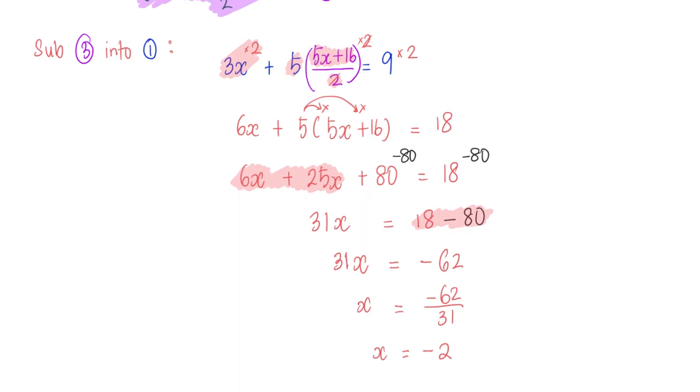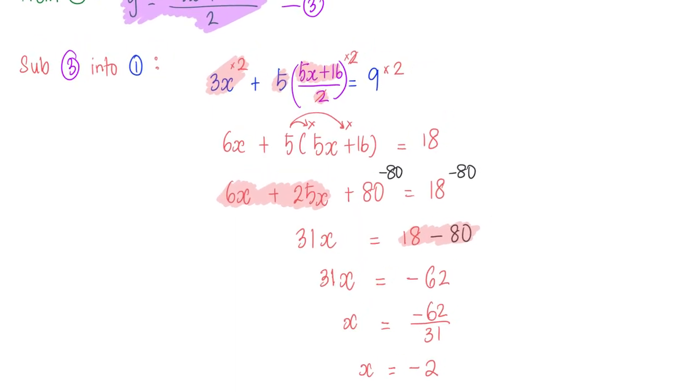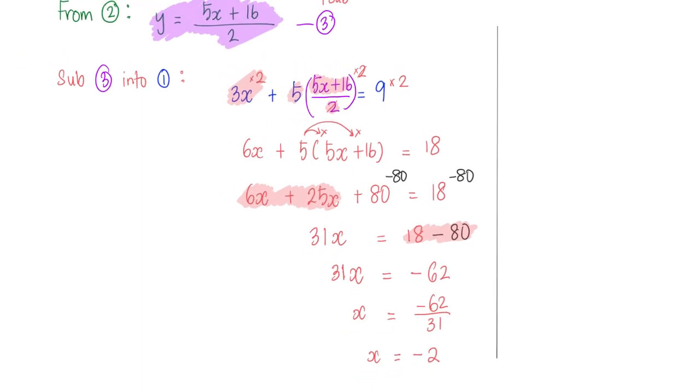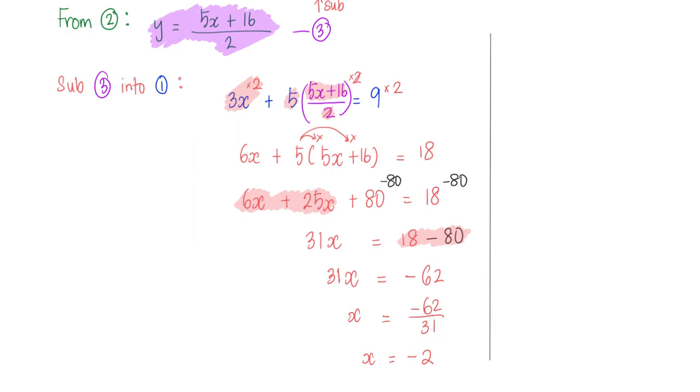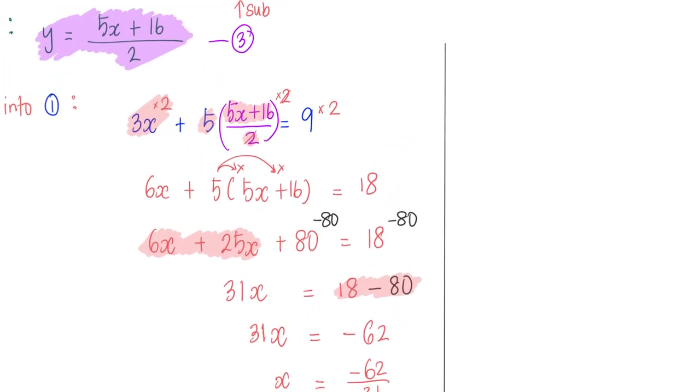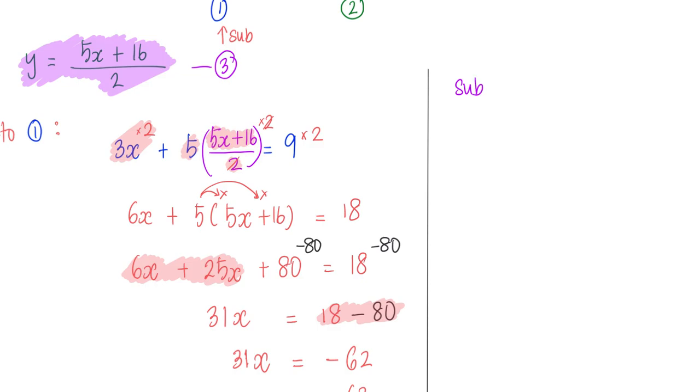And now that I know x is equal to negative 2, I am going to substitute back into equation 3. So for my equation 3, I'm going to substitute this x equals negative 2 that I've gotten.